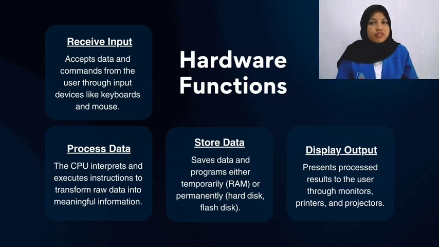In general, four functions of hardware enable a computer to operate properly. First, receiving input. Hardware functions to receive input from the user. This input will then be processed into new information.